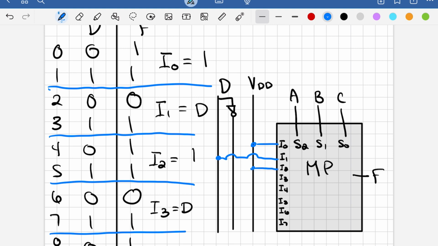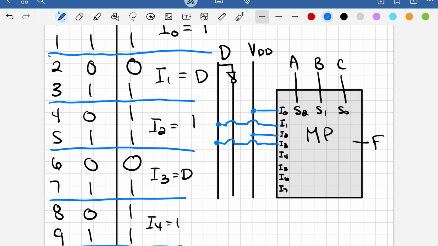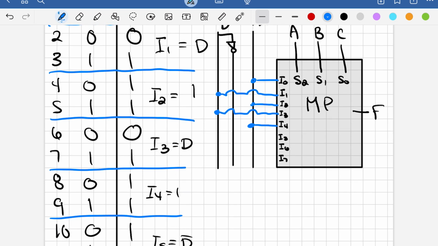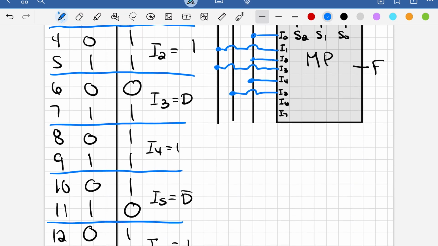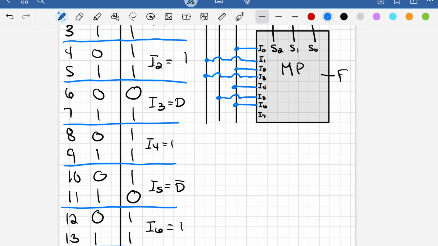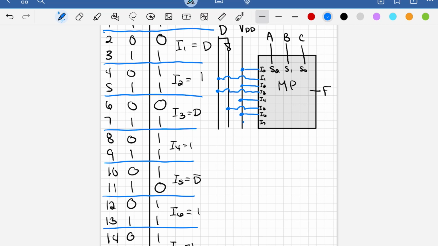I3 is D. So take the D, hop over. I4 is 1. I5 is D prime. So D prime, hop over. Our I6 is 1. And then our I7 is also 1.